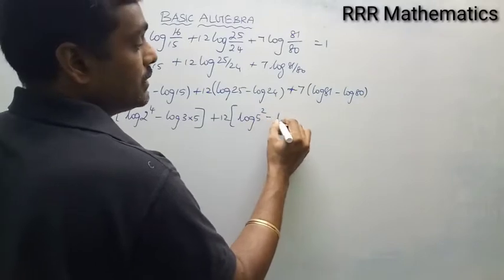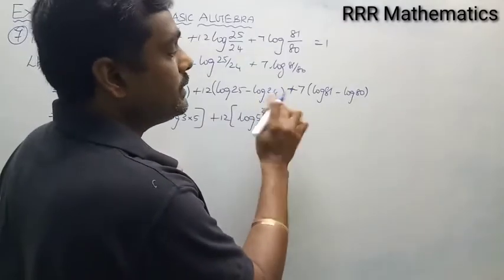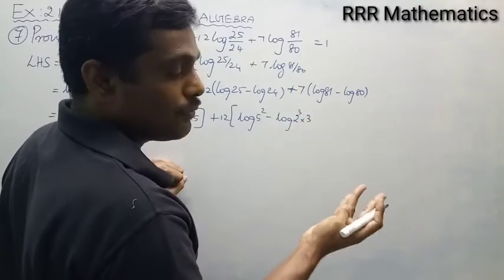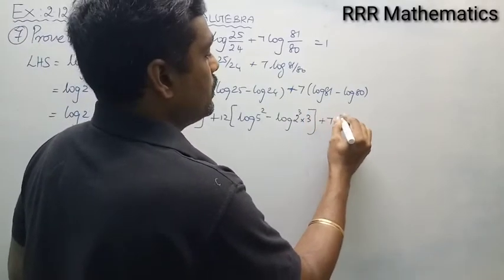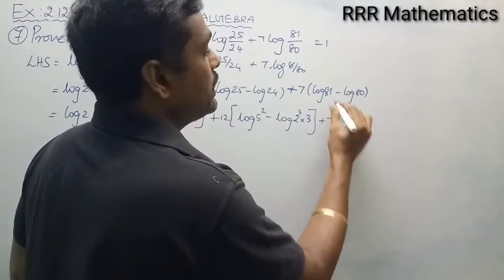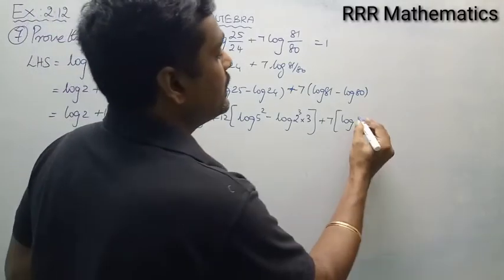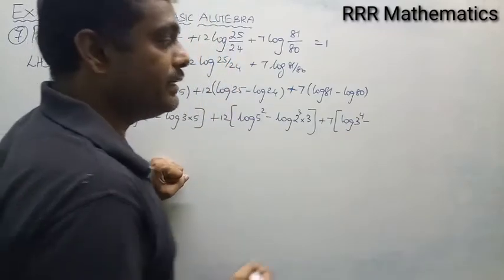Prime factorization of 24 is 8 into 3, that is 2 cube into 3. 81: 3 threes are 9, 9 threes are 27, 27 threes are 81, so 3 power 4.